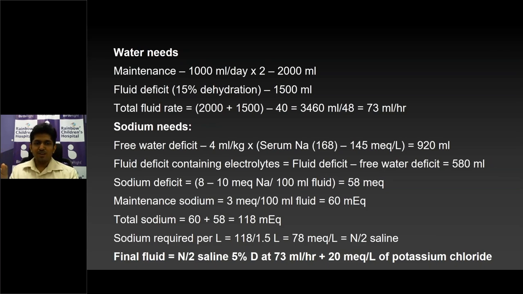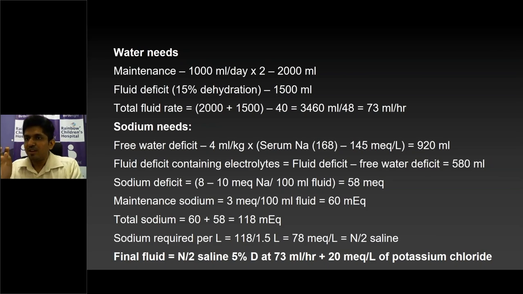So out of this, we have to find out how much electrolyte is also lost in this dehydration, so that we call it as fluid deficit containing electrolytes. So minus this 920 ml from the total fluid requirement. That will be equivalent to your fluid deficit containing electrolyte.